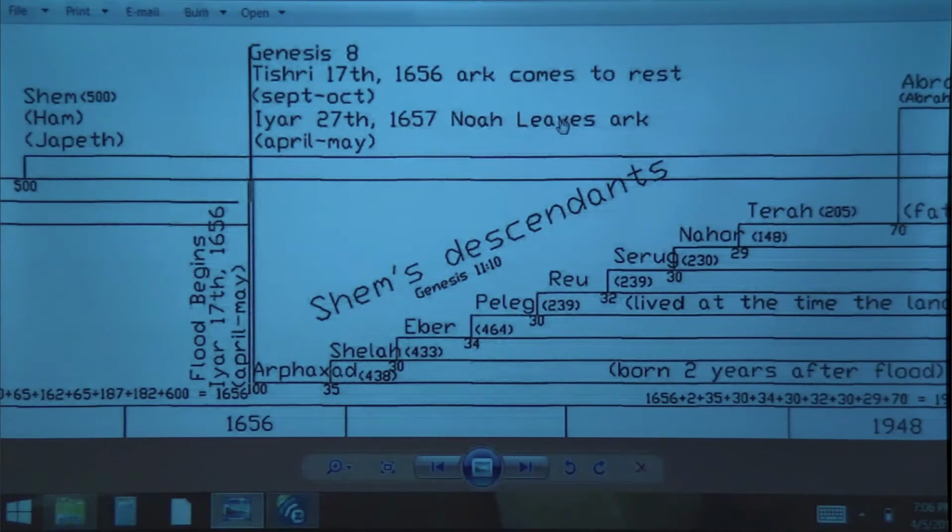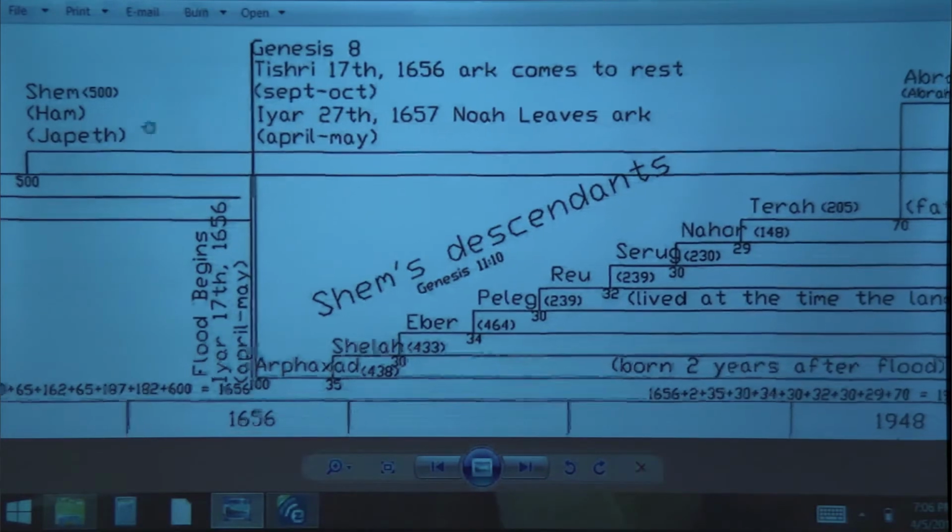He was on the ark with the animals for 1 year and 10 days. It had been 370 days. It wasn't 40 days. That's how long it rained. But then he floated around for 6 months before it finally hit in the mountains of Ararat. And then they had to wait for the water to recede. So it was 1 year and 10 days that he was on the ark.